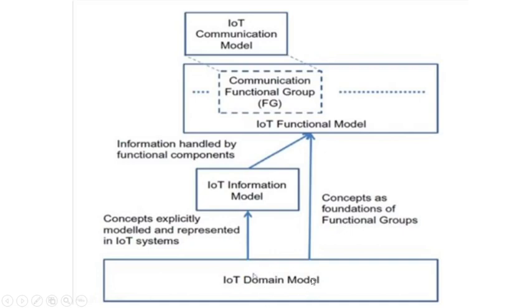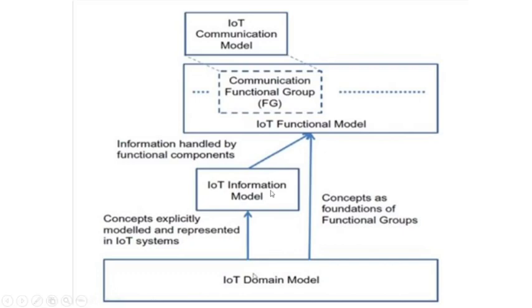This IoT domain model generally includes the concept on which the model, or the IoT system, is going to be prepared. It will give the concept that explains the model and represents the IoT system, I mean the major concept or idea behind those particular IoT systems, right?